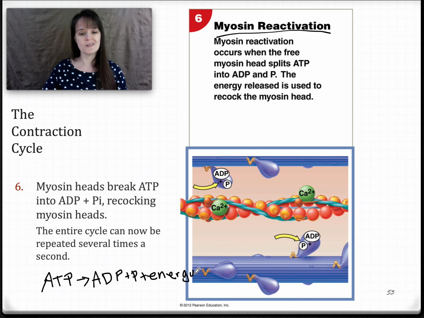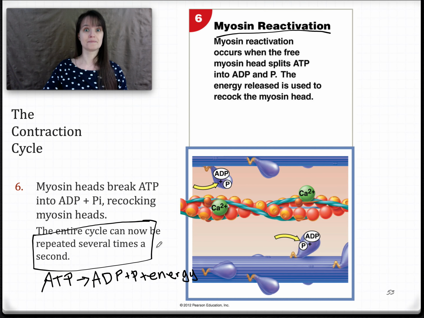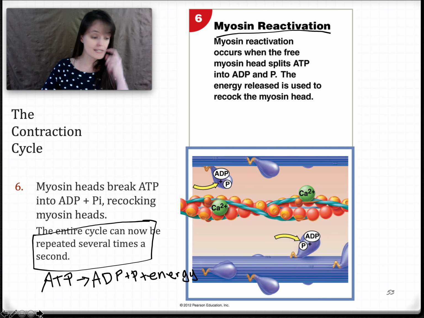It's almost like you've seen this before. And that resets the myosin head so that it's reactivated, ready for the next interaction. So this whole thing can happen several times a second. As long as you've got ATP, you can keep going.